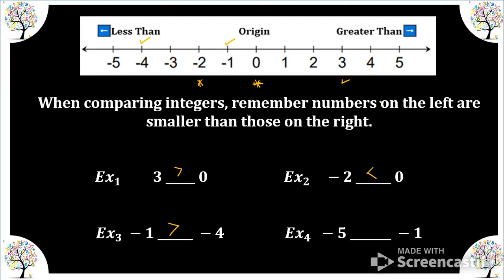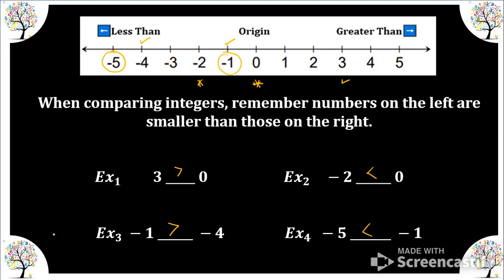In our last example, we have -5, and we're comparing it to -1. -5 is less than -1, or if we go the other way, -1 is greater than -5. So in our statement, -5 is less than -1. So you could see if this was temperature, -5 is colder than -1.